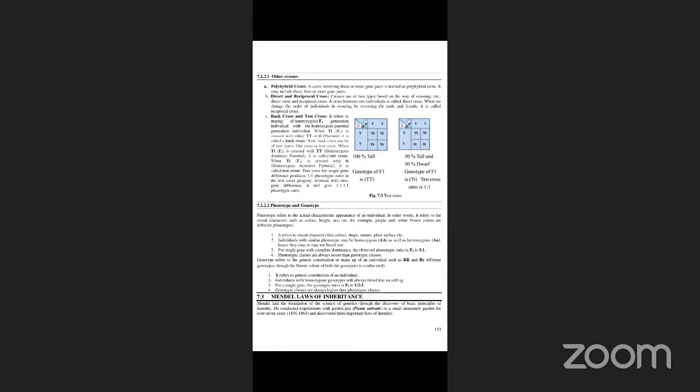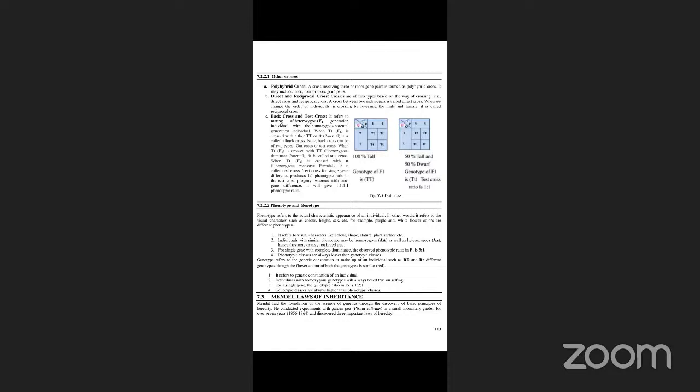We are crossing it back, going to the past generation. That is called back cross. Back cross can be of two types, out cross or test cross. When capital T, small t is crossed with the homozygous dominant parent, that is called out cross.